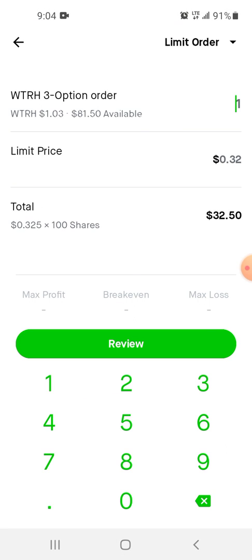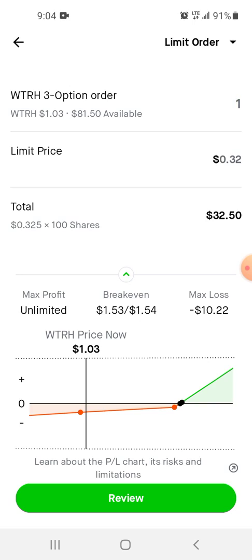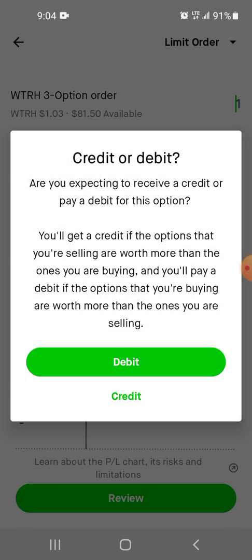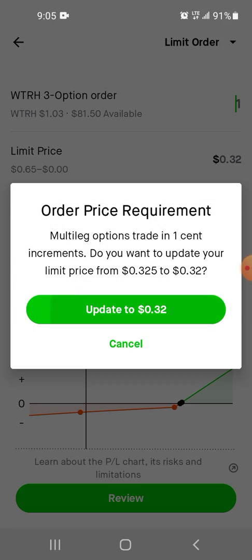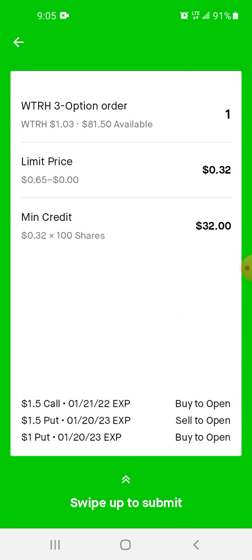So let's see how much it's going to cost me now. So I dropped down. Look, okay, so now I'm doing a credit. Instead of making 40, I'm making 32, but because I bought a call, I'm spending the money up front, but they're giving me the money to buy that call through that credit spread.